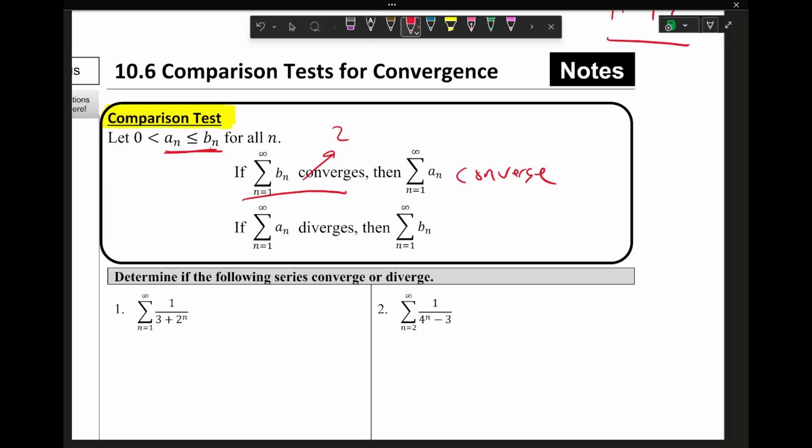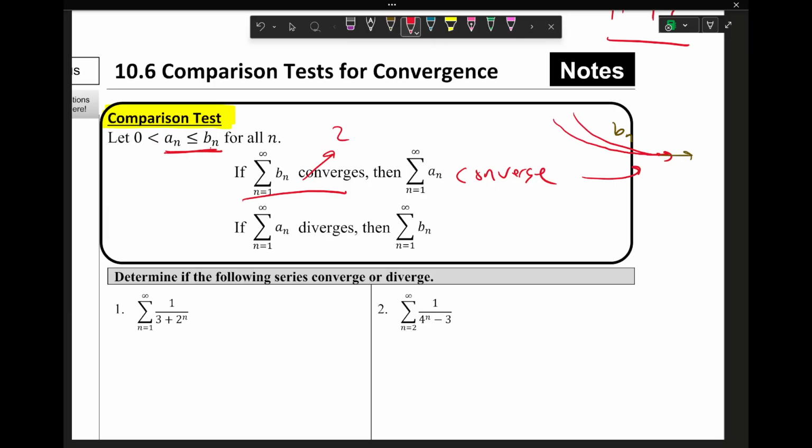So visually, it's like saying if this is b sub n and it's converging to some number, it's kind of leveling out and converging to some number, and a sub n is smaller than that, then it also has to converge.